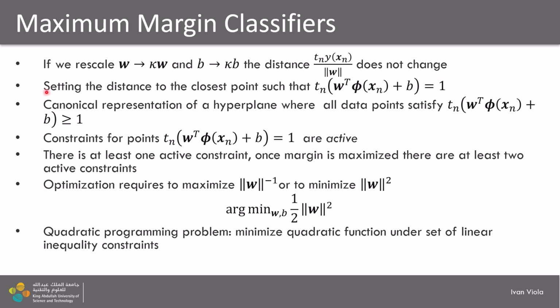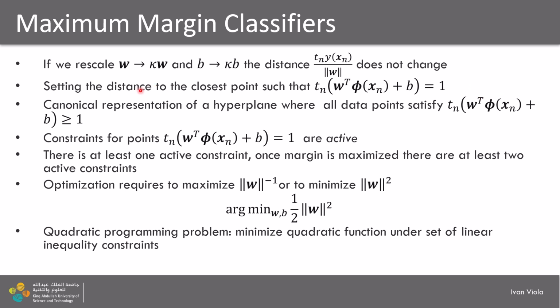So we can therefore set the distance to the closest point so that the value of t_n (W φ(x_n) + b), the numerator part of the distance, will be equal to 1.